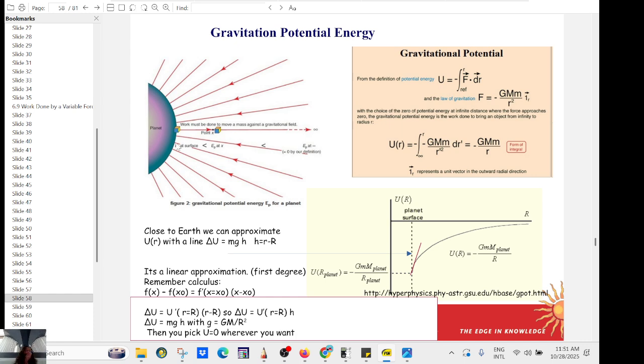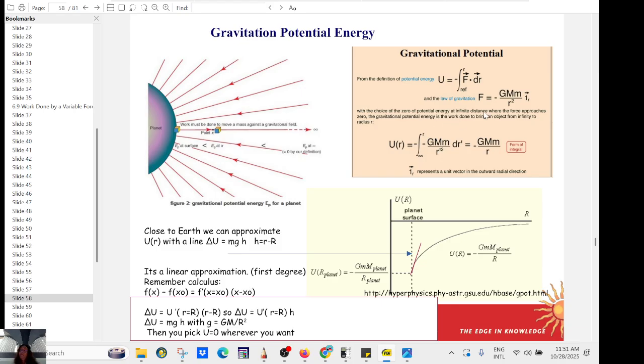Okay, so then the question is, so far we have seen that if we don't move far away from the Earth, then g is constant, it's about 10. But as you move away from the Earth, g will depend on the distance from the Earth.